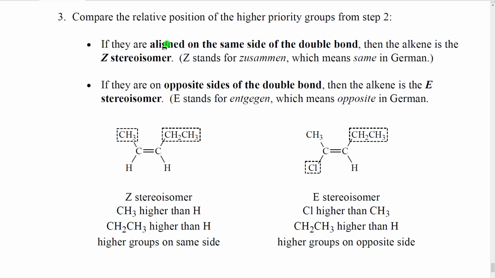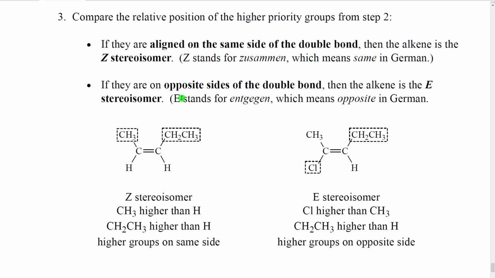So all they're really saying is they're aligned together on the same side of the double bond, and they're just abbreviating it as Z. E stands for the word entgegen, which means opposite in German. And so that means they're saying the groups are on opposite sides of the double bond, E.